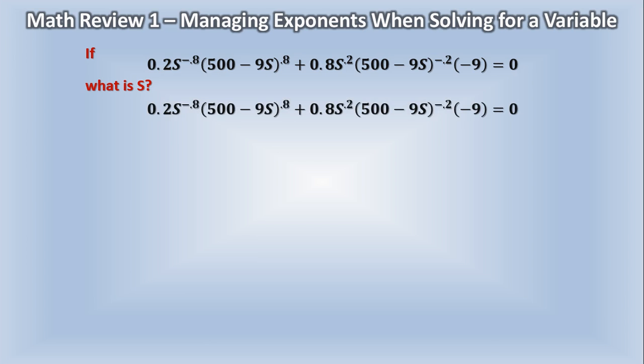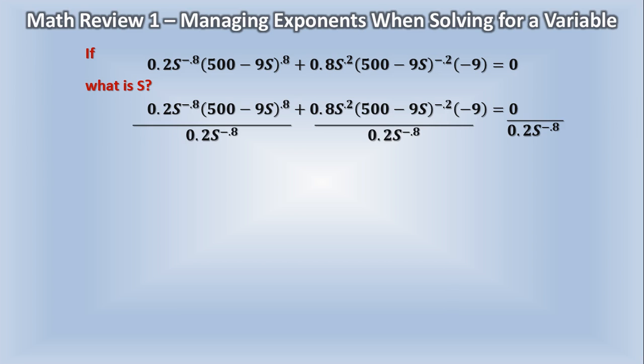So what I did was I focused on this simple term first. If you divide both sides by this term, 0.2 s raised to the -0.8 power, obviously it cancels out here, and then over here you obviously have 0.8 divided by 0.2. But you also have s raised to the power of 0.2 over s raised to the power of -0.8.